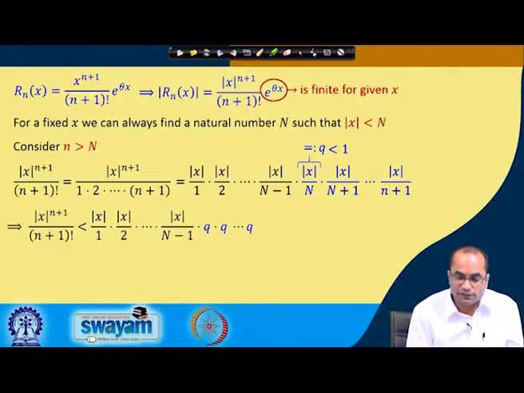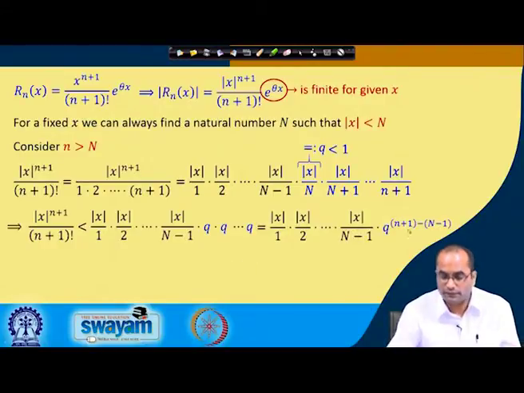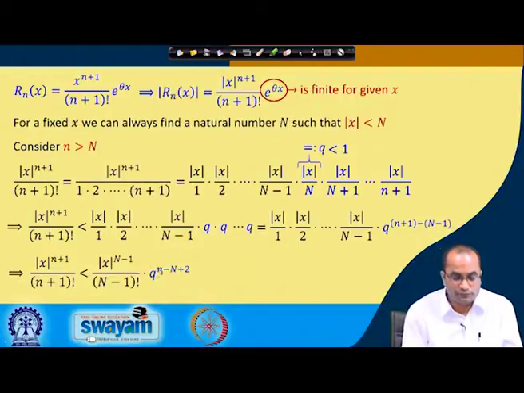Now, how many q's do we have here? N minus 1 terms are already there, and the total number of terms was n plus 1. So, if we rewrite the total number of terms n plus 1, and these terms are N minus 1, then n plus 1 minus N minus 1. So, this number here is n minus N plus 2, and modulus x to the power N minus 1 over factorial N minus 1.